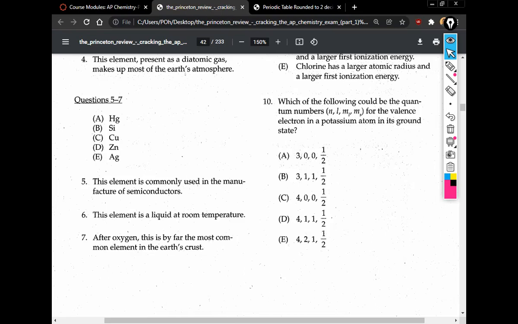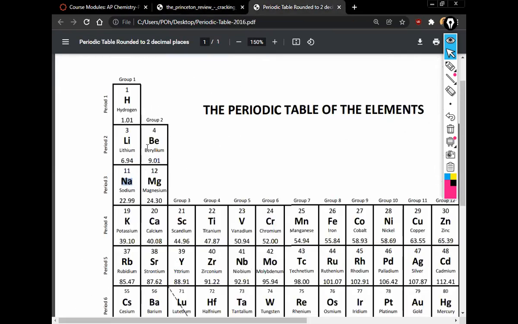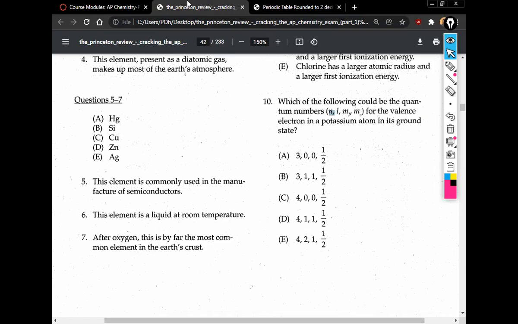Okay, let's go over this. So we're looking at potassium. We know that N, or we should know N, is always the shell. So if we look at K, how many shells does K have? 4. So automatically we should know that for potassium, we cannot have an N number of 3 because it has 4 shells. Okay, so far so good? So we don't look at the N anymore.